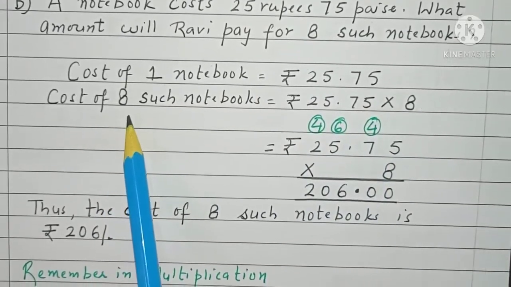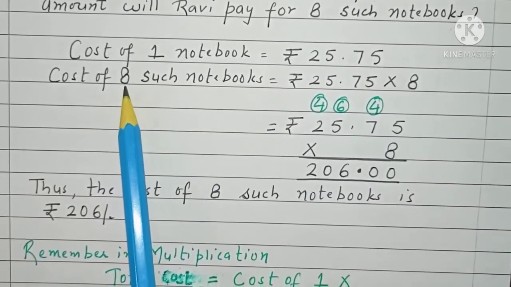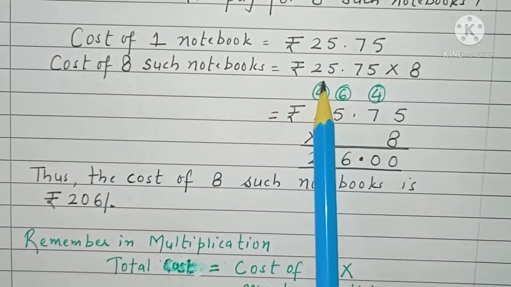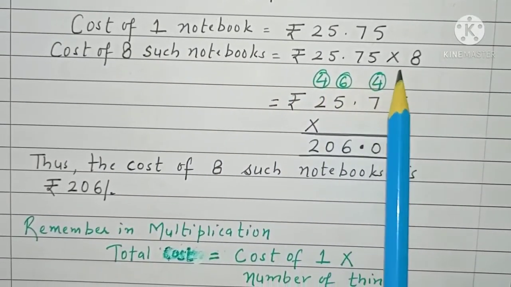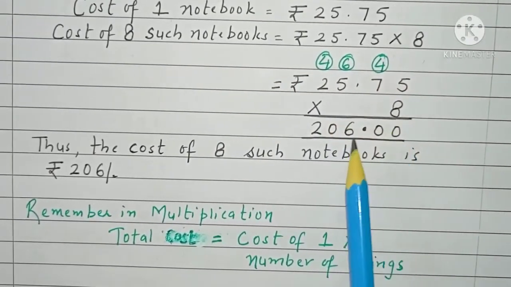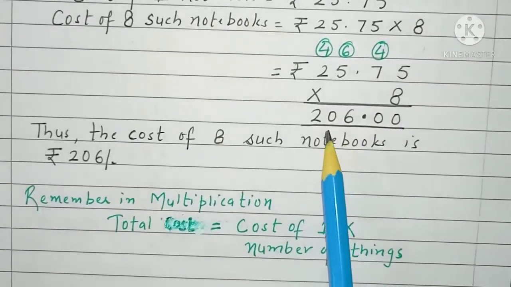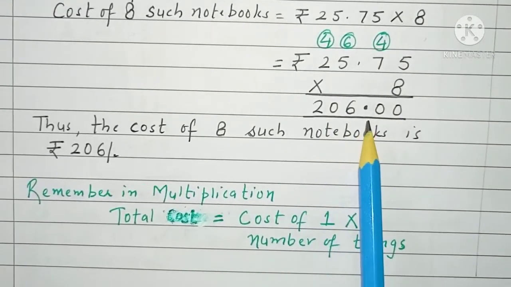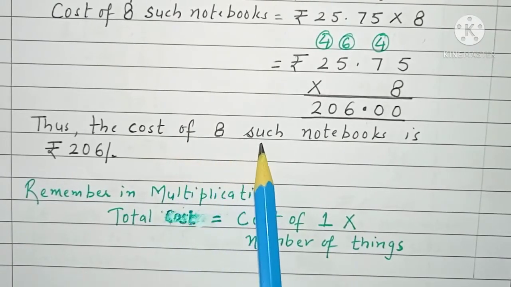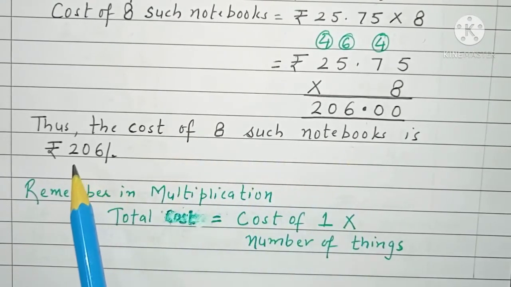Now, as we need to calculate the cost of 8 such notebooks, it is rupees 25.75 multiplied by 8. On multiplying by 8, the answer comes out to be rupees 206. So, the cost of 8 such notebooks is rupees 206.